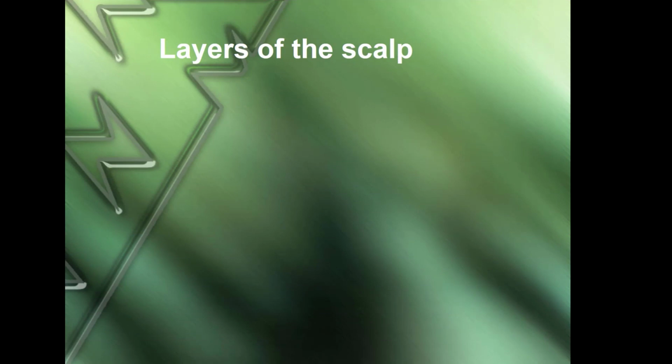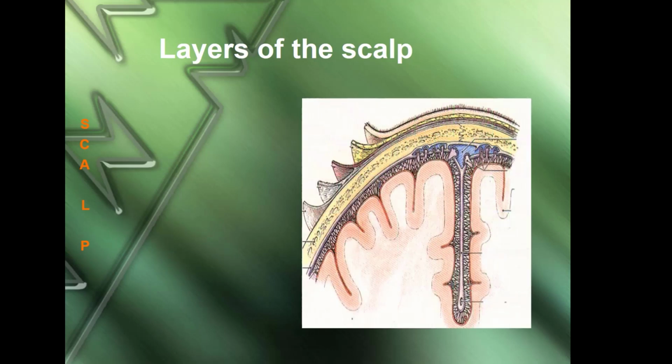Now, what are the layers of the scalp? SCALP. This is the name of the scalp. Just these letters will lead you. S means the skin. C means the connective tissue.